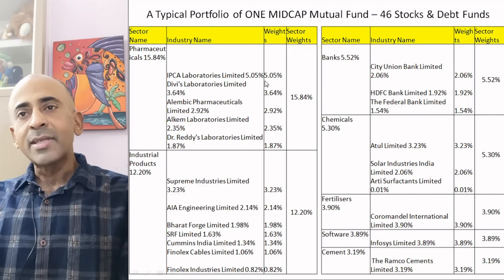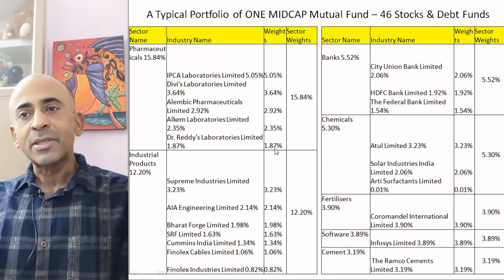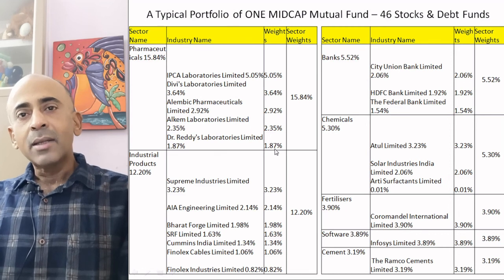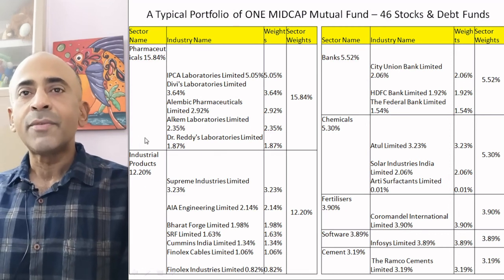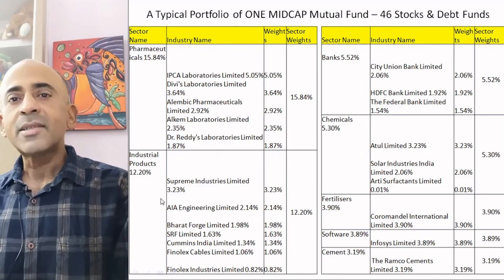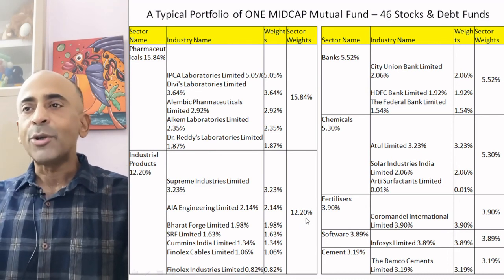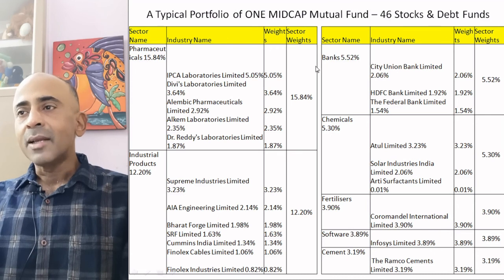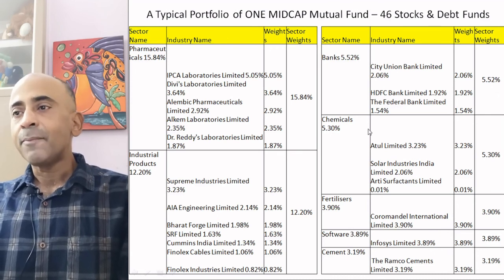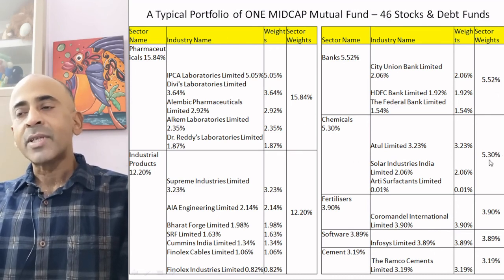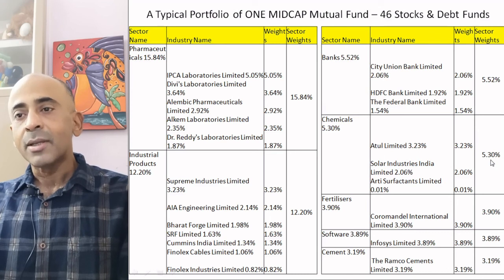Ipca Laboratories 5.05%, Divi's Lab 3.64%, Alembic Pharmaceuticals 2.92%, and Dr. Reddy's 1.87%. Another sector that they have invested in is industrial products, with 12.2%. Banks, 5.52%. Chemicals, 5.3%.